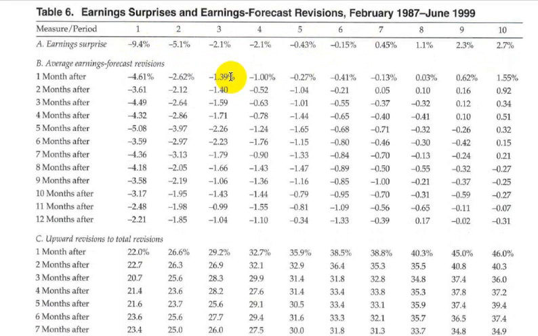So next we have earnings forecast revisions, and this is in line with what we found with the earnings surprises as well. Only the difference here is that analysts revise their forecasts, and the earnings haven't necessarily come out yet.